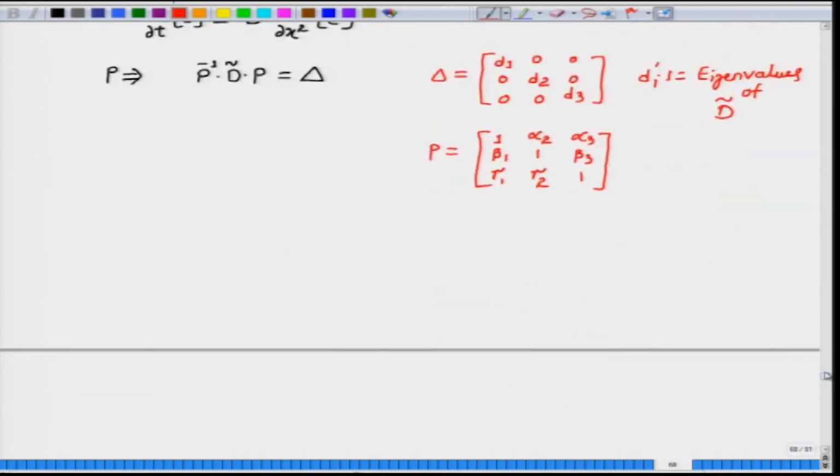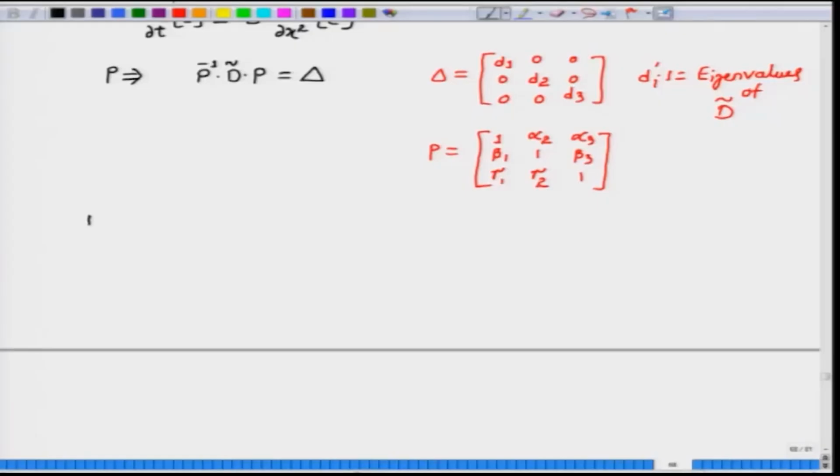Now, to proceed further, what we do? We define fluxes and compositions in a new basis, which we call cap basis. So, we obtain the matrix J cap by pre-multiplying the original matrix with P inverse. So, J cap is equal to P inverse times J tilde, and C cap is obtained by pre-multiplying the original matrix C with P inverse.